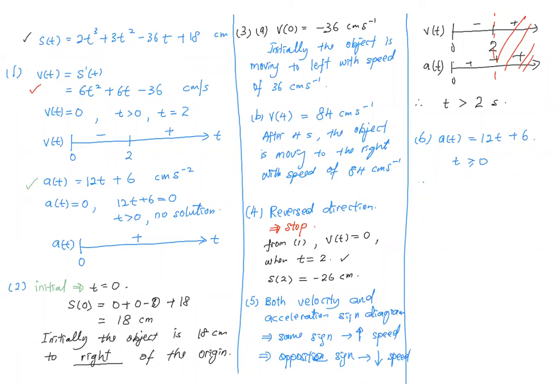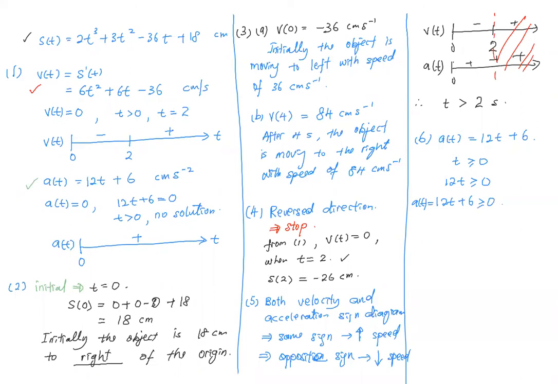If t greater than 0, 12t will be greater than or equal to 0, correct? Something greater than 0, you plus 6, that is your a(t), will be greater than or equal to 0, correct?